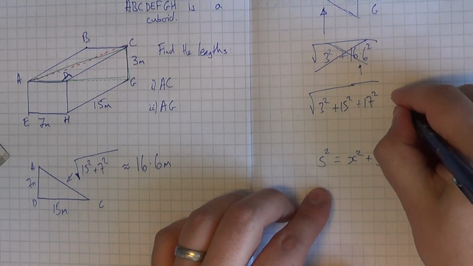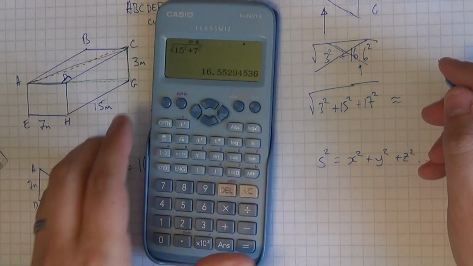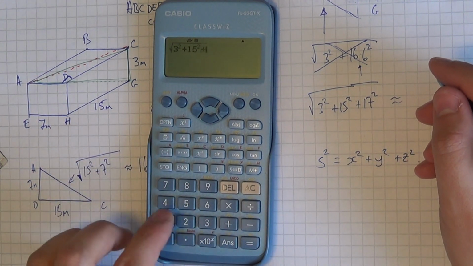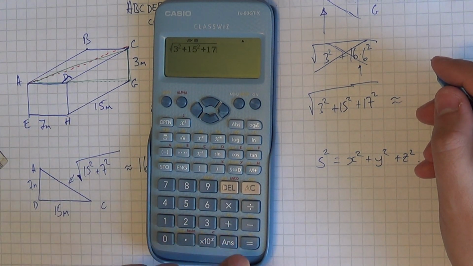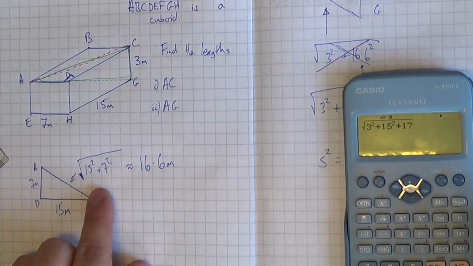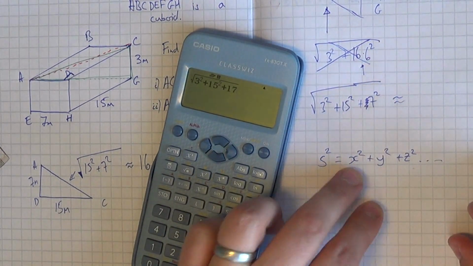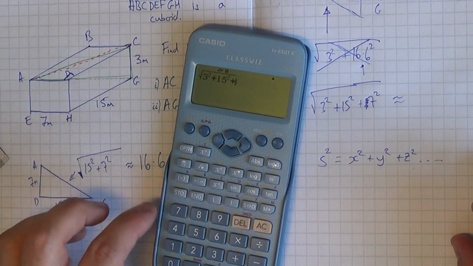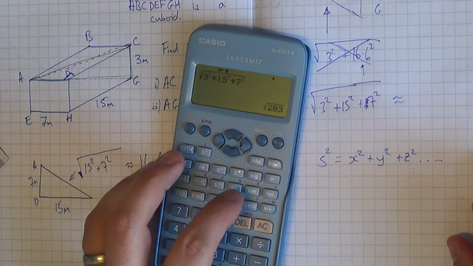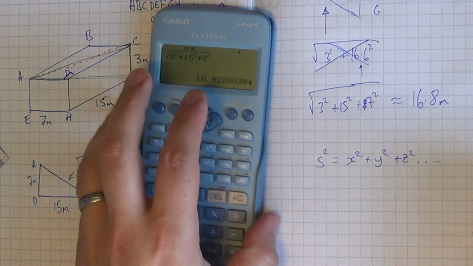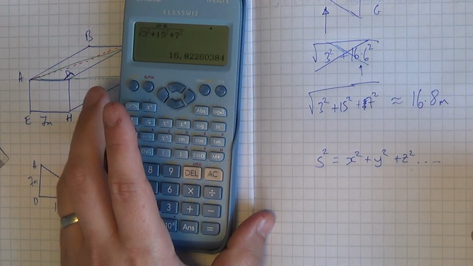So getting back to what this actually is, this is root 3 squared plus 15 squared plus 7, that's a 7, that's a 7, that's a 7, this should clearly just say 7 here, apologies for that. 7 squared is roughly 16.8 meters, so only slightly longer than the other diagonal.